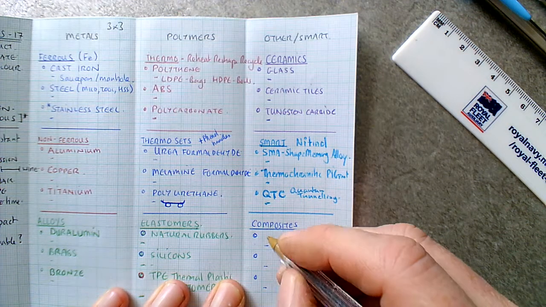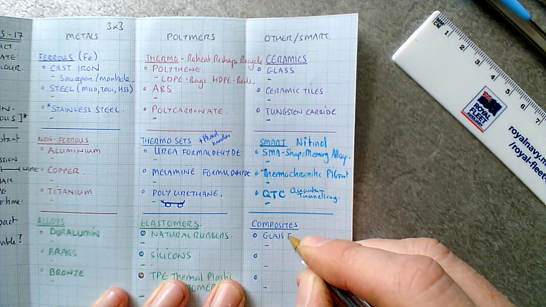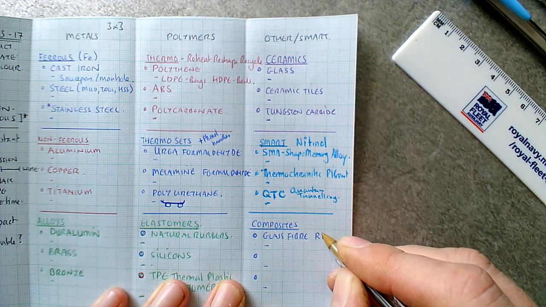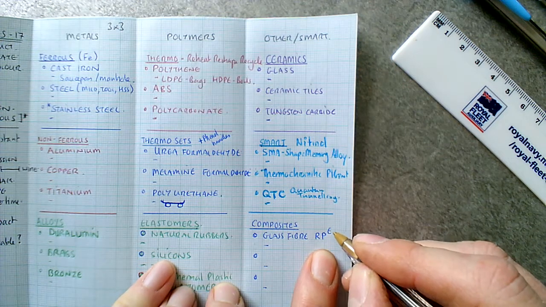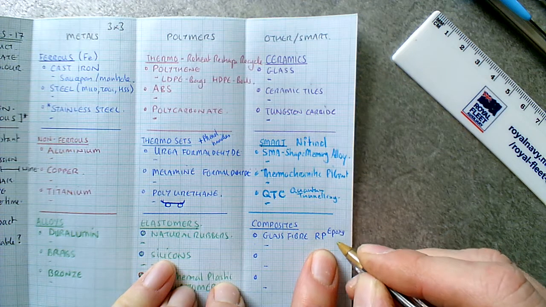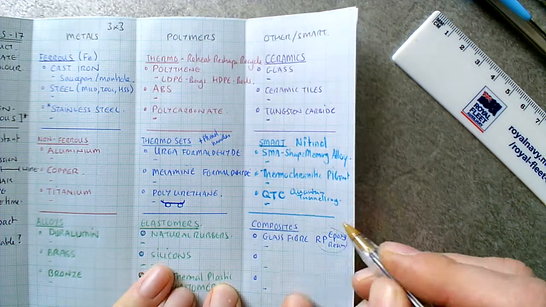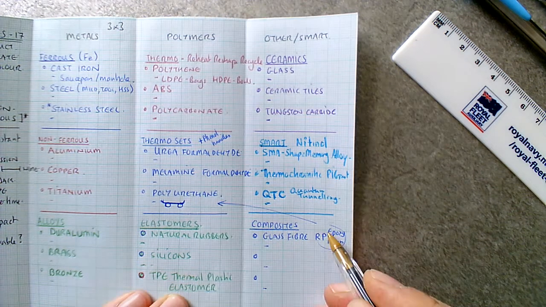So when we talk about glass fibre, I'm just going to put RP, reinforced plastic. Basically this is an epoxy resin. Now an epoxy resin is a thermoset, hence the use of the blue.